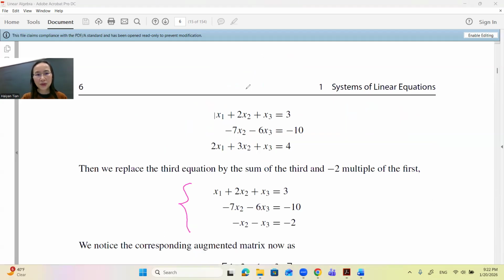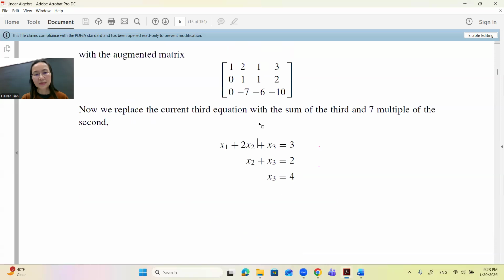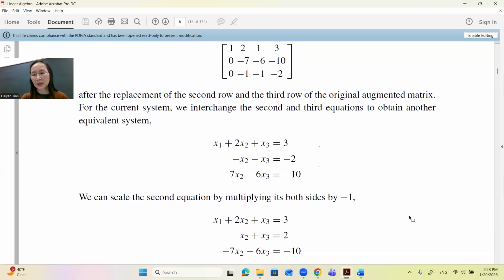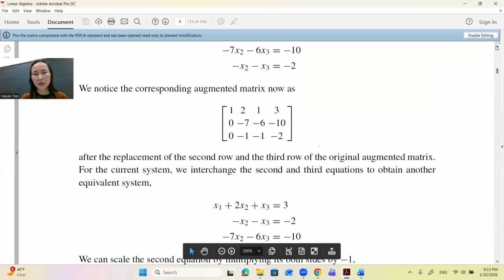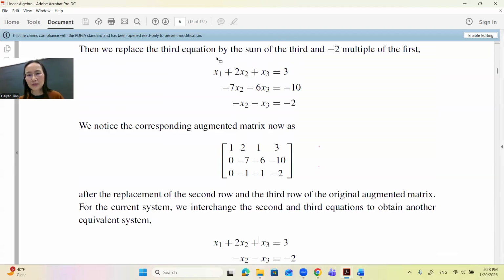And if you look at its augmented matrix, I'm trying to show the system together with its augmented matrix. Yes, this one. This is the corresponding augmented matrix.